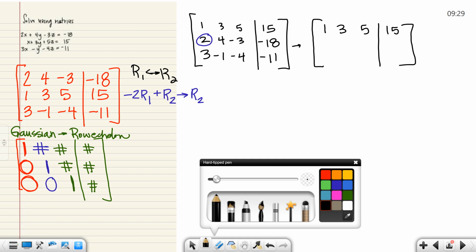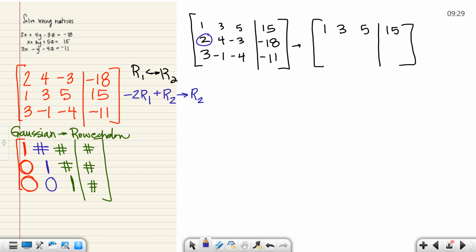So here's how it looks. Some of you can do it in your head. I don't do anything in my head. So I've got to take negative 2, and I'm going to multiply all the way through row 1. So that's going to be a negative 2, a negative 6, a negative 10, and a negative 30. So I'm going to say negative 2 all the way across. Negative 2, negative 6, negative 10, negative 30. I'm going to add that to row 2.